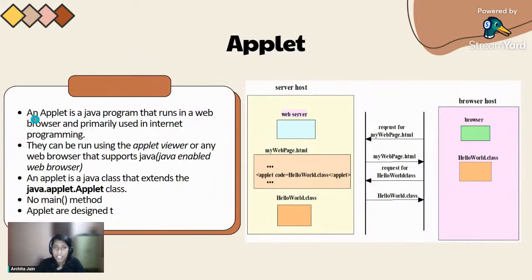So the same definition is there, that an applet is a Java program that runs in a web browser and is primarily used in internet programming. And the main thing about how you can run an applet is either you have an applet viewer या फिर जो आपका web browser है that should be Java enabled. उसमें Java के programs वगैरह run करने चाहिए.